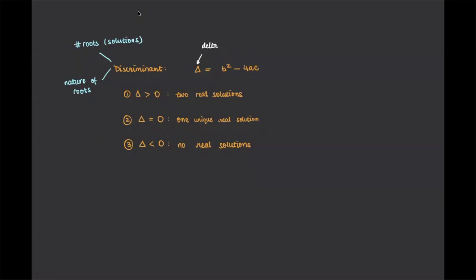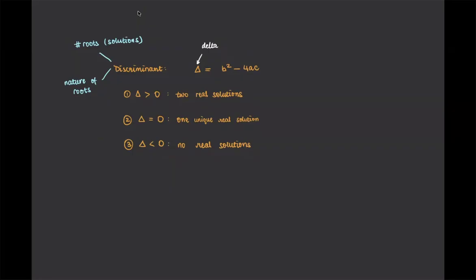And lastly, my third case is when the discriminant is negative, in which case I have no real solutions. If you ever decide to go and do extension 2 in year 12, then we'll be working on quadratics, which have a negative discriminant. And as you'll see then, these will actually lead to imaginary solutions.